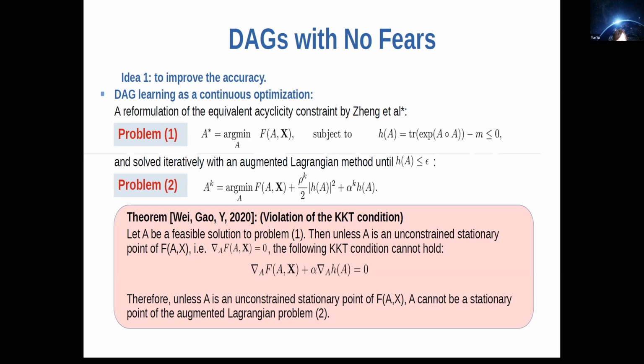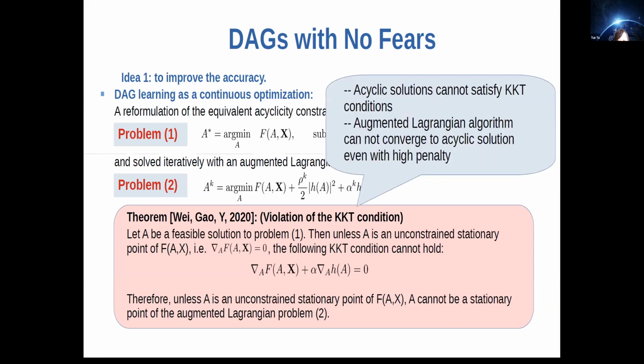Unless A is a stationary point of the loss function itself, it cannot be a stationary point for the augmented Lagrangian method. So that implies the following: the acyclic solutions A cannot satisfy the KKT conditions.